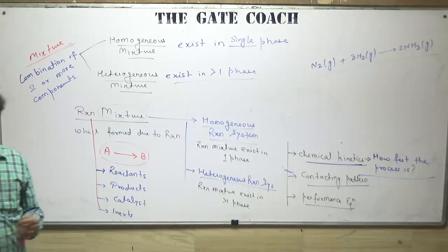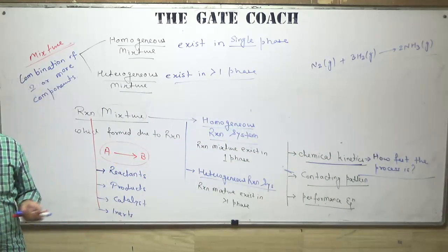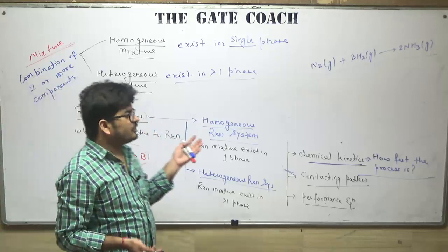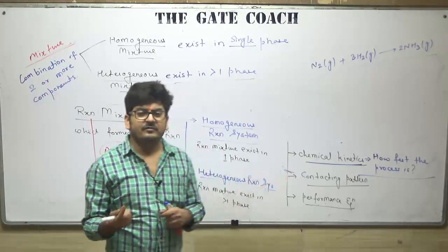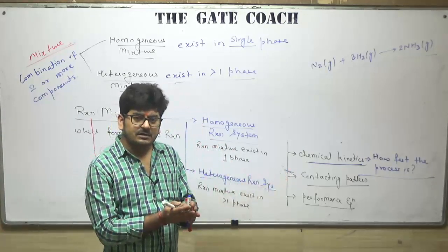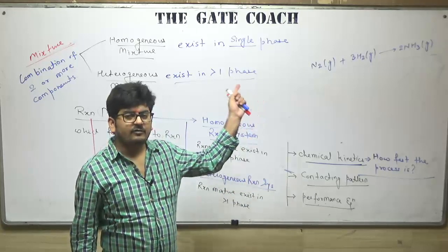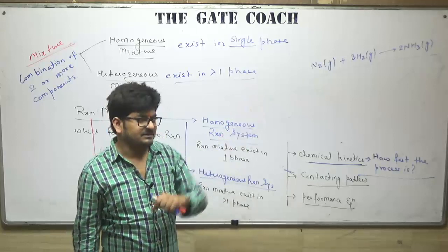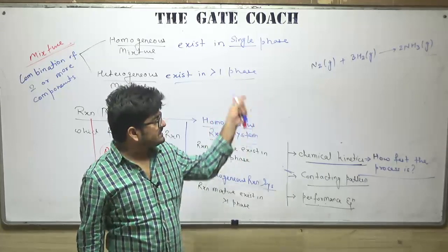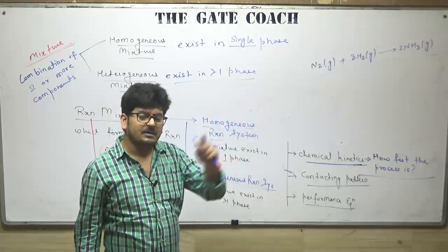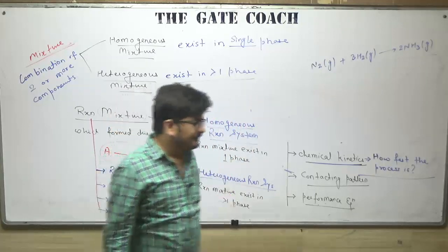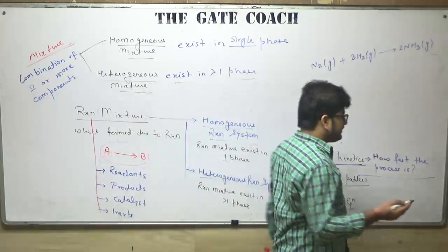So, since all these three components are in gas phase, it will form a single phase mixture. So this is the example of homogeneous reaction system, because this entire reaction mixture exists in one phase, that is gas.